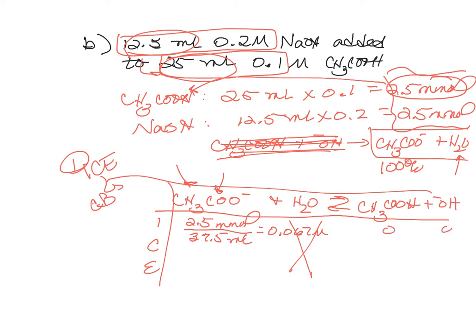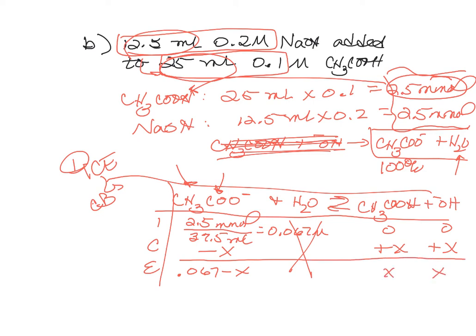All right, we'll cross water out. These are 0 to begin with, right? So it's just a regular ice table for a weak base. Minus x, plus x. Equilibrium concentration of the conjugate base is now 0.067 minus x. And for the products, x and x.